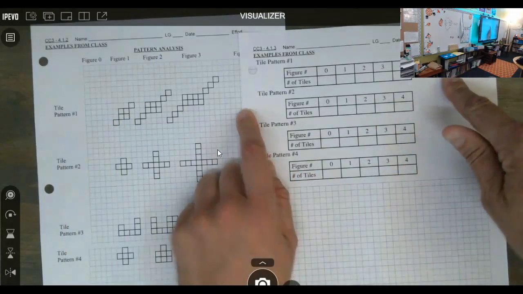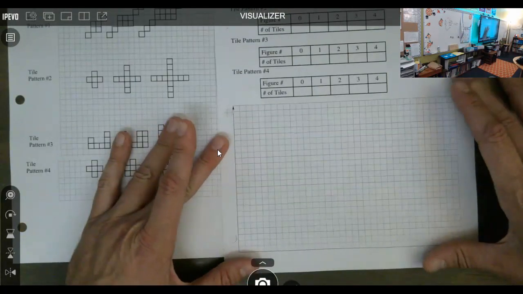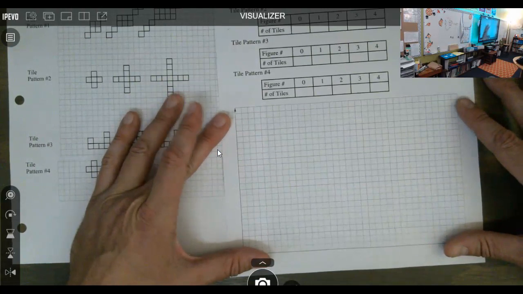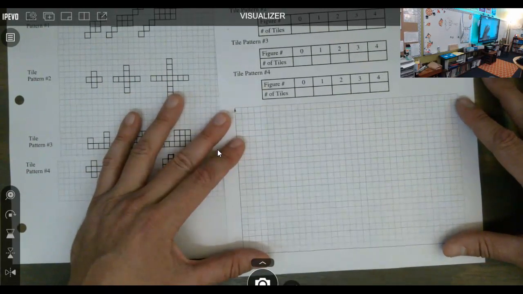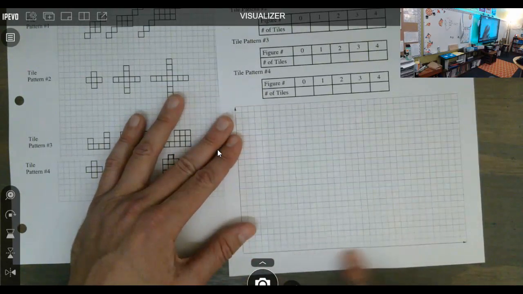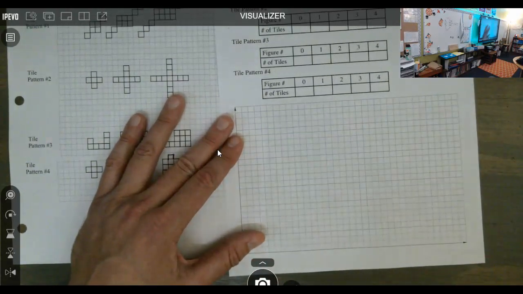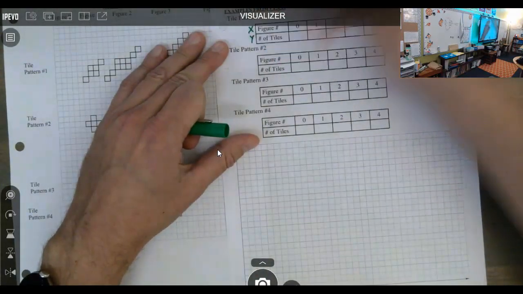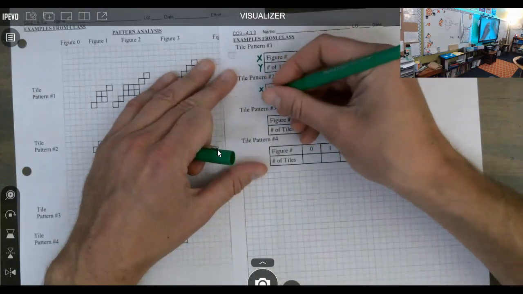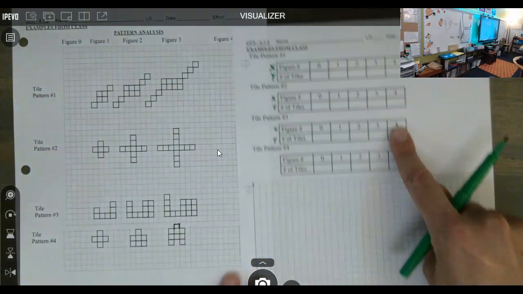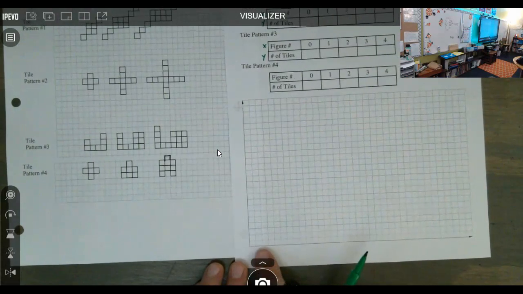There's more. Then at the bottom, we're going to graph this, but I wouldn't do anything with your graph until you figure out how high up in value you need to go. Because if our x-axis is our figure number, because normally our table is x, y. So if x is our figure number, do you think we should only go 1, 2, 3, 4?